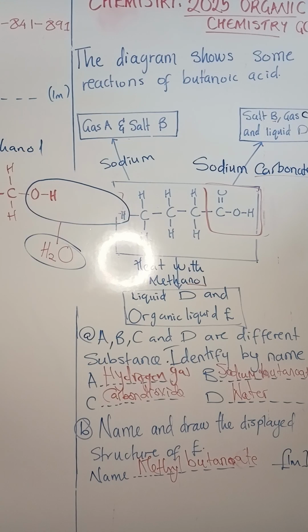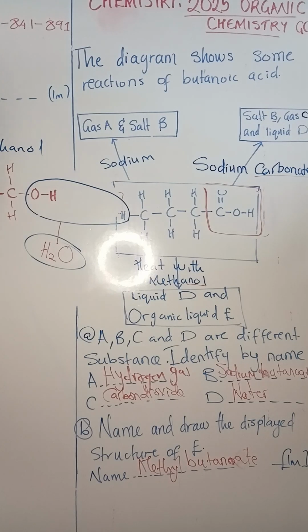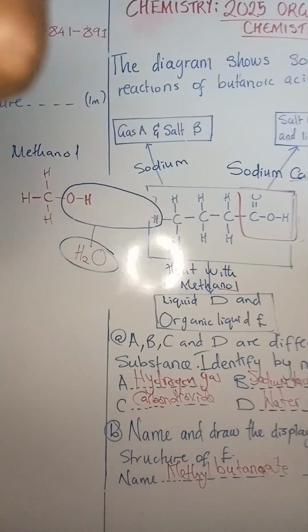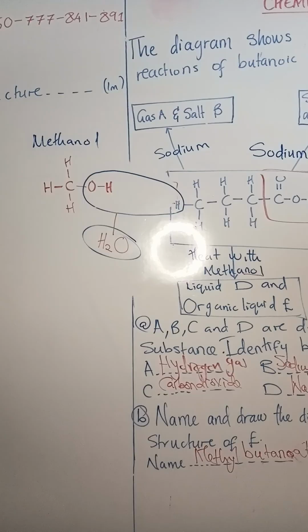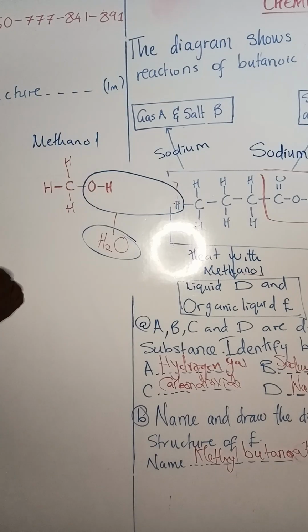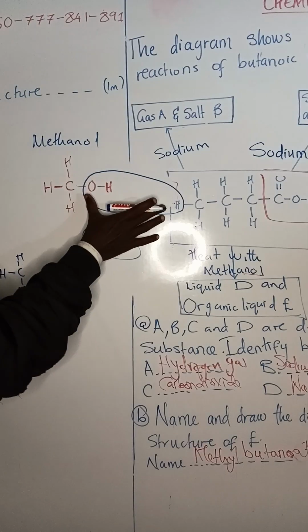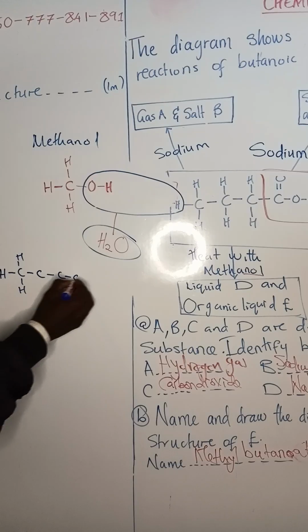Okay, so here since I've said draw the structure. Since we've removed this, right? You can see that we've had to remove. After removing, we are going to be left with a structure. What is the structure? I'm just going to draw it here so that you begin to understand. I'll draw what remained, which is H, C, H, like that. This is removed. I'm just going to write C, C, C, like that.